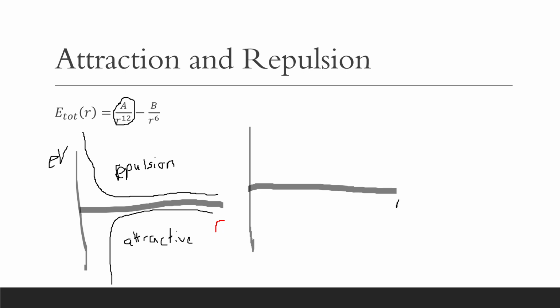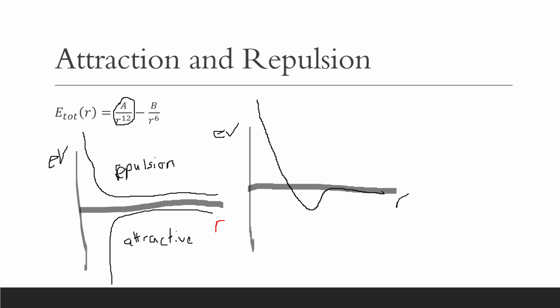We'll have the same setup, and it will look like what is called a Nike function, where it starts up where your repulsive term takes over, repulsion, repulsion, repulsion, and then it hits 0, where it's at equilibrium, and then attraction takes over.